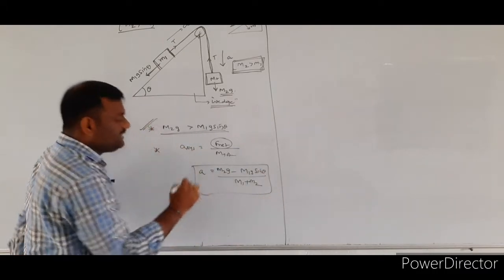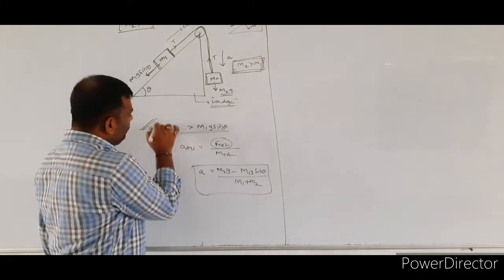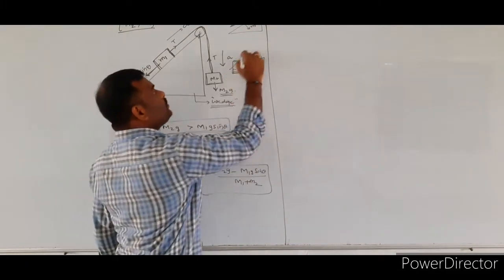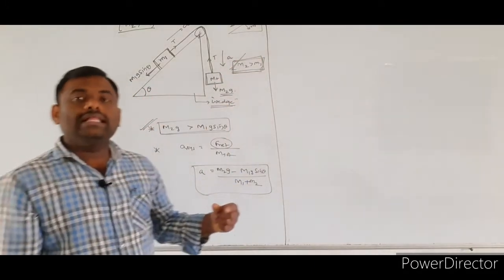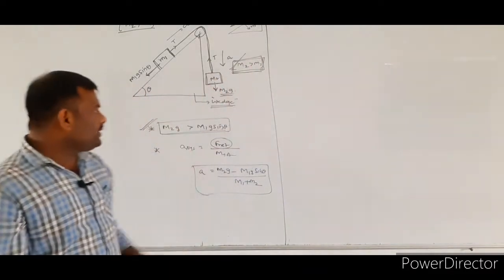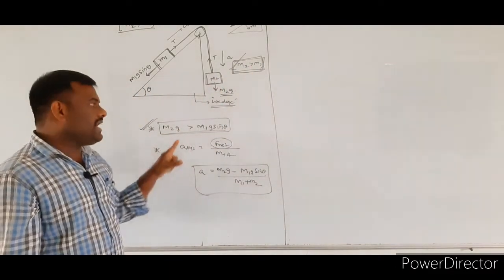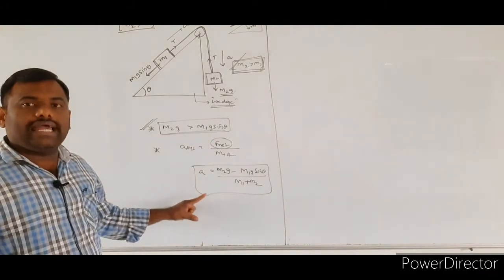So this point we have to understand: if m2 is greater than m1, their weights are also related by the same relation, so that m2g is greater than m1g sin theta. So this is the expression for the acceleration.